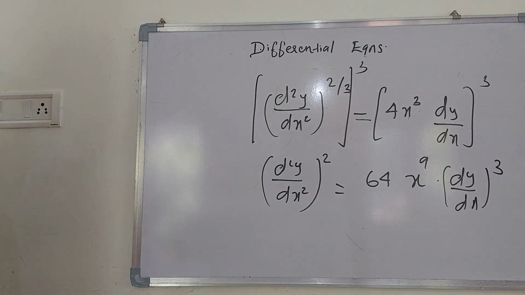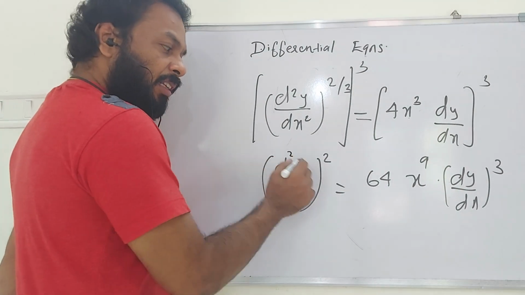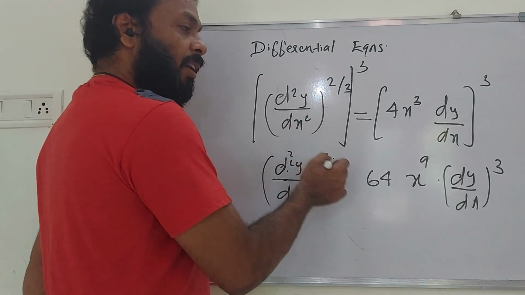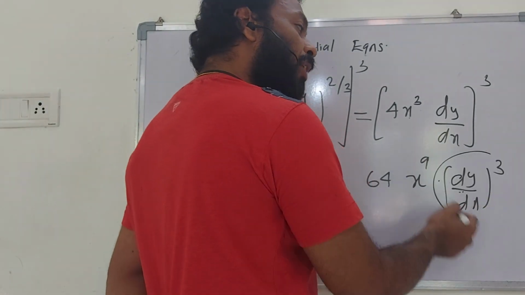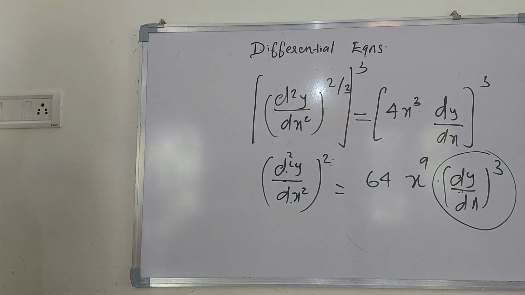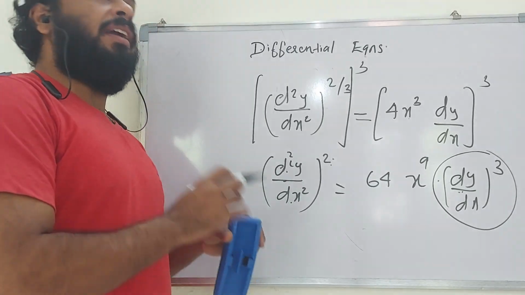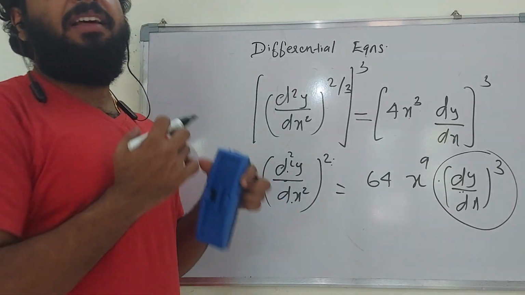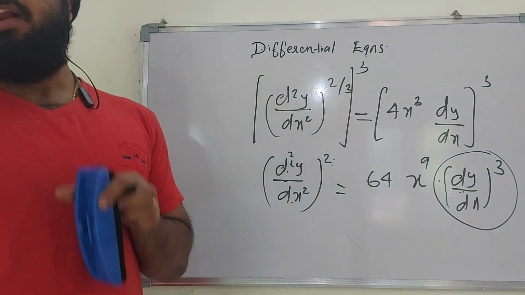Now for this differential equation, the order is 2 and for the highest order term, its degree is 2. So it is second order and second degree. The first order term has degree 3, but we will not consider it as the degree or order of the differential equation. We consider only the highest order term. The order of the highest order term is the order of the differential equation, and the degree of the highest order term is the degree of the differential equation, provided it is free from all fractional powers.